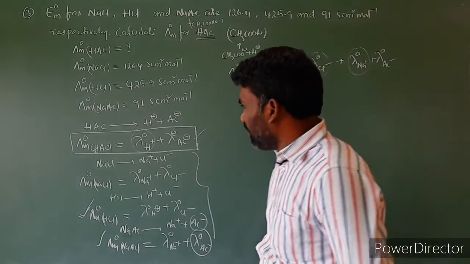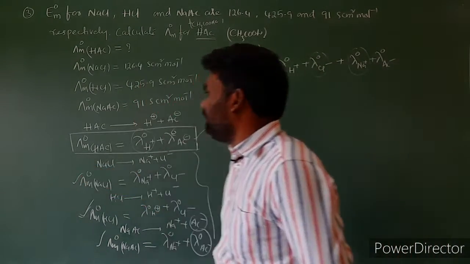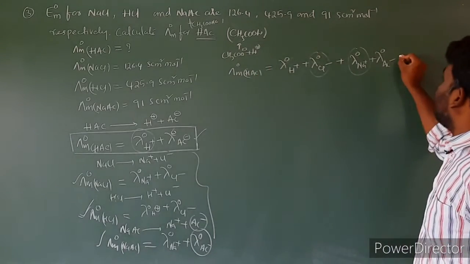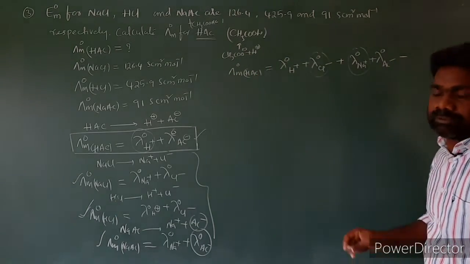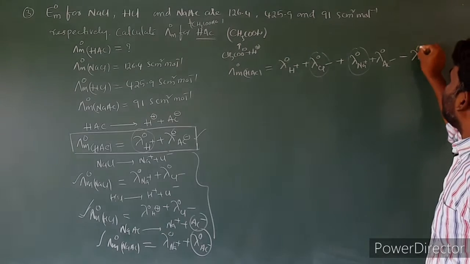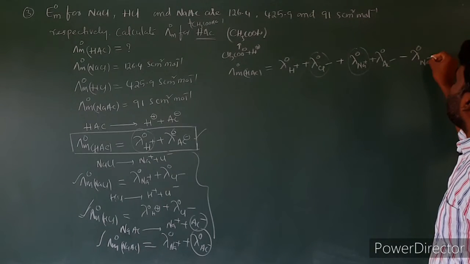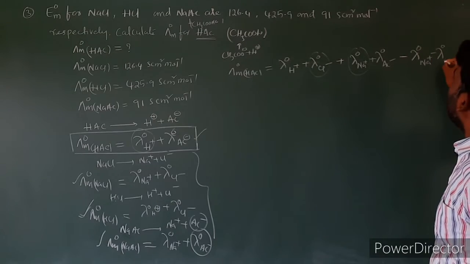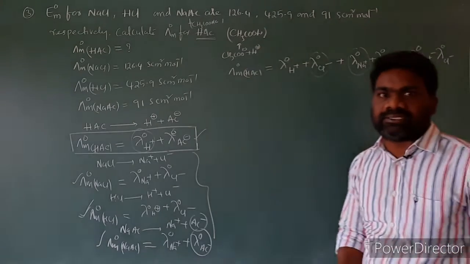To remove them we have to use the limiting molar conductivity of NaCl, we have to subtract lambda naught Na plus minus lambda naught Cl minus, isn't it?